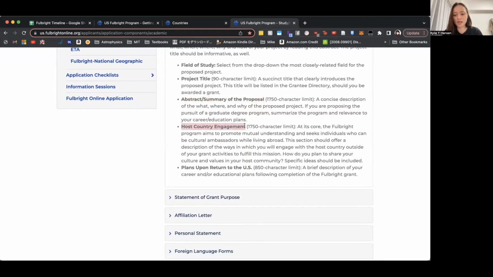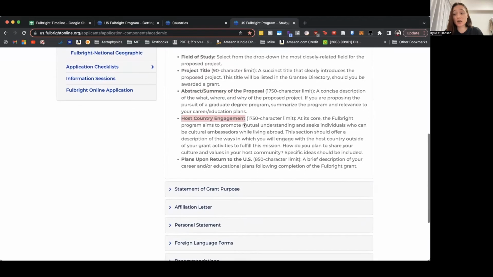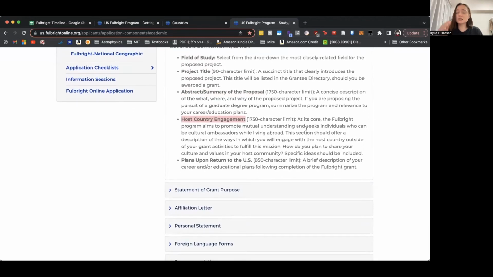Your host country engagement. What's special about Fulbright is that it not only wants to support people in doing research in another country, but they really focus on fostering connections between countries. So they really want their students to do things in the foreign country that promote mutual understanding, for individuals to be cultural ambassadors.